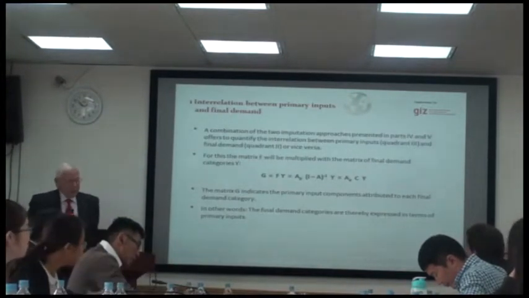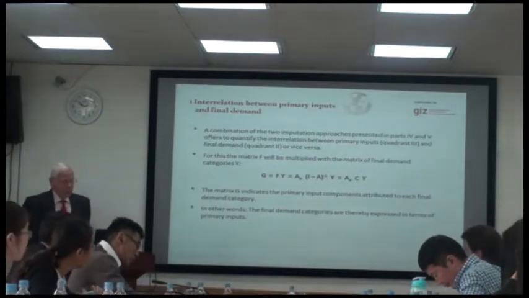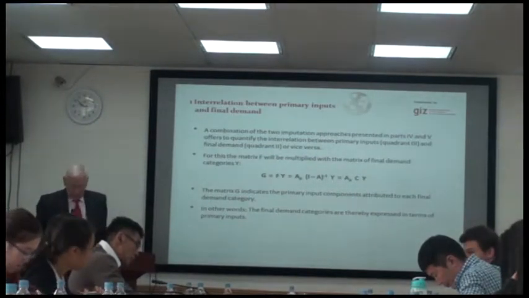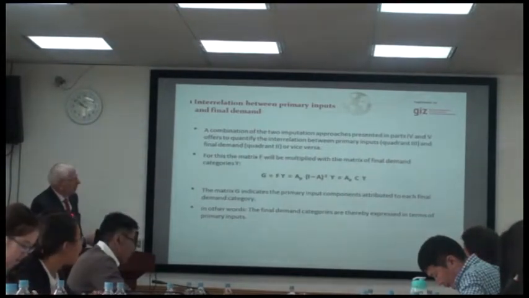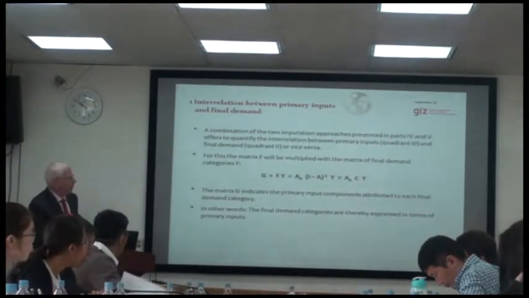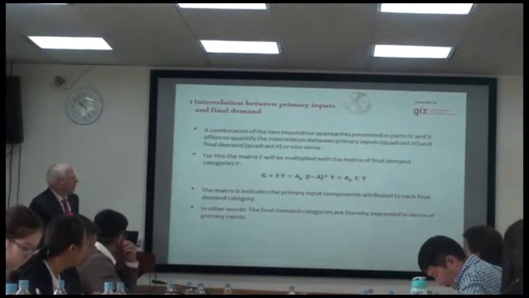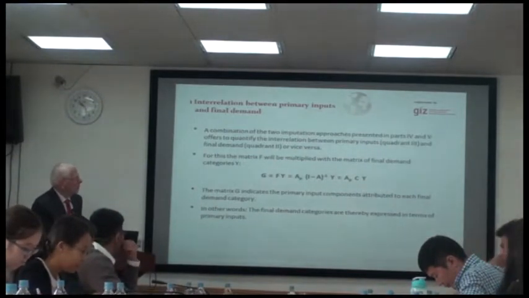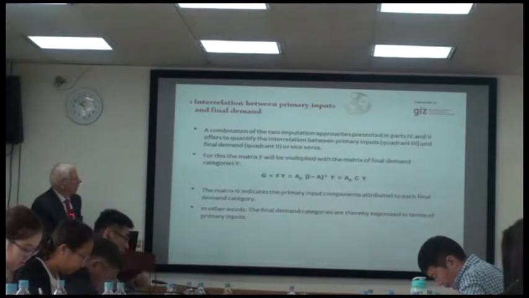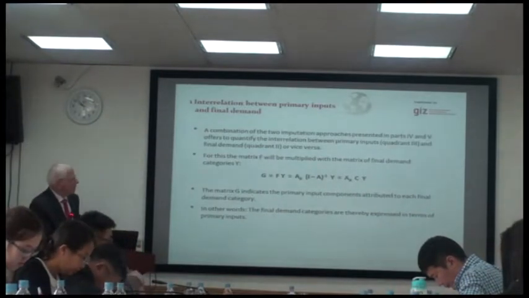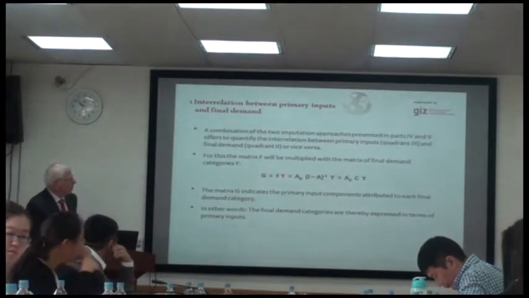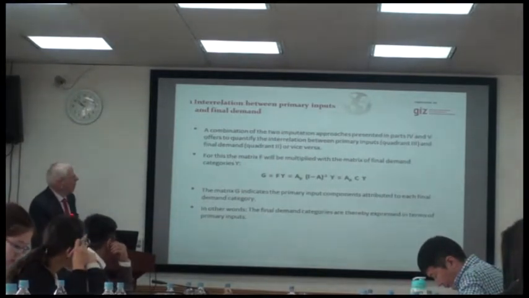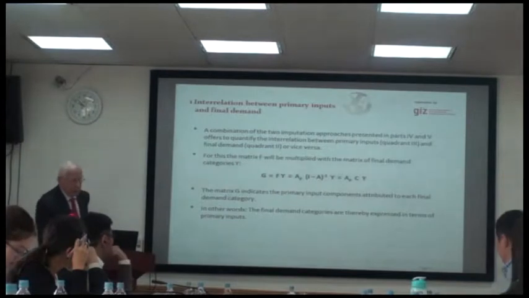There we see already the same formula which I have written on the blackboard. You see in the last part, AP multiplied by C multiplied by Y, or we have seen that the first one was F multiplied with Y. So all is the same, and we arrive at the matrix that we call G.